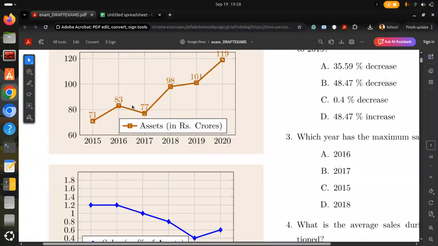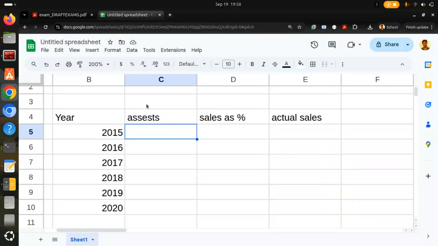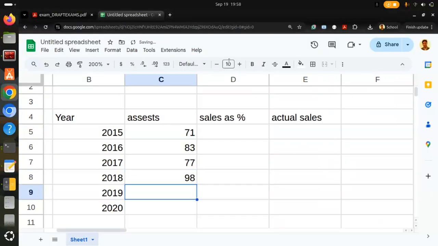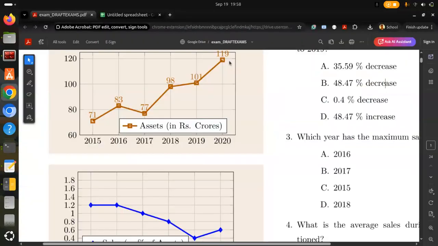So what are the assets? 71, 83, 77, 98, 101, and 119. Now sales as a percentage. Even that data I'll copy.